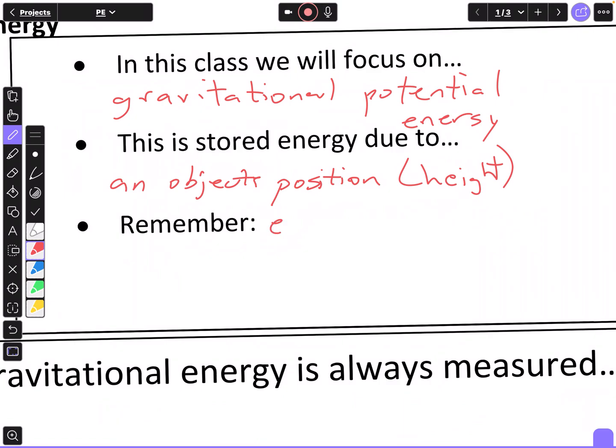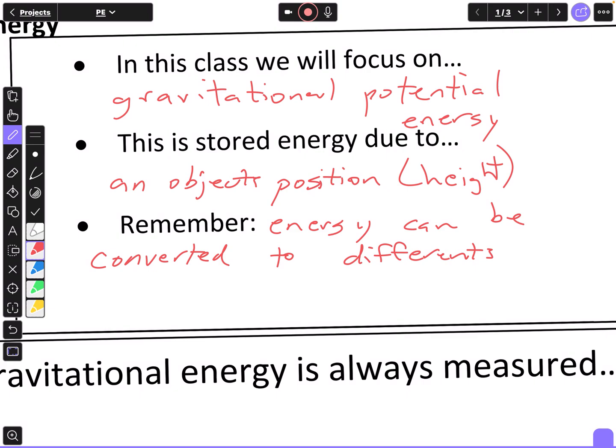So remember that energy can be converted to different forms by doing work. That's how those are related.